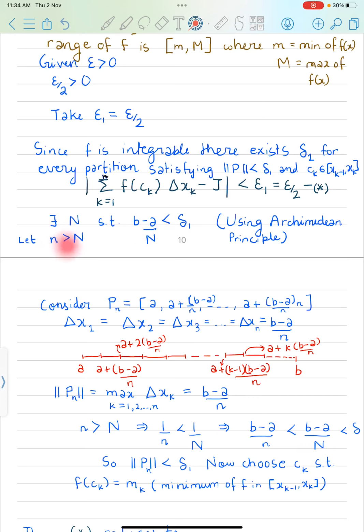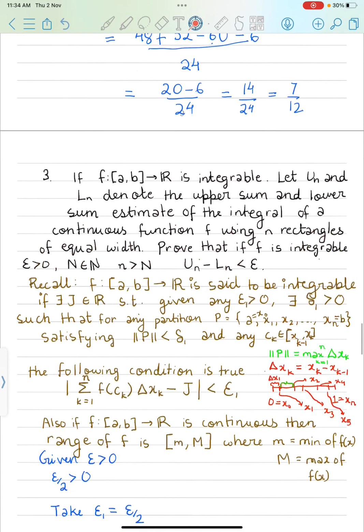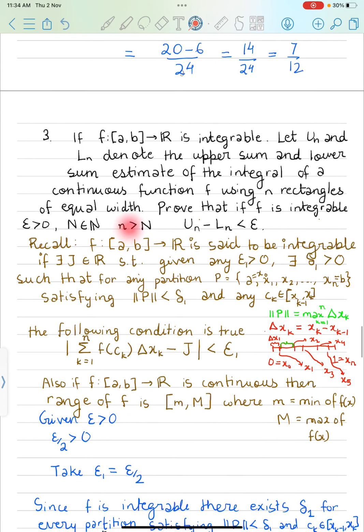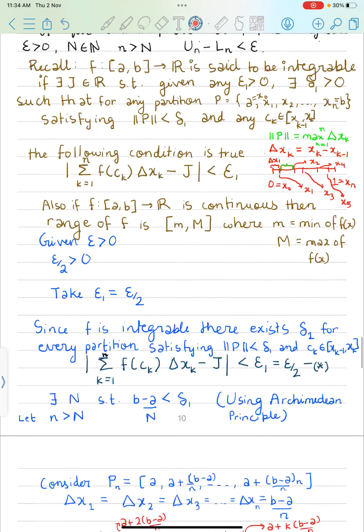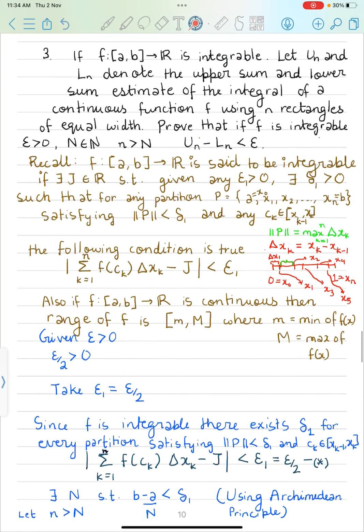Now take any n greater than capital N. We have to show that the condition is true for any n greater than capital N. Remember that un and ln are the upper sum and lower sum, using n rectangles of equal widths.